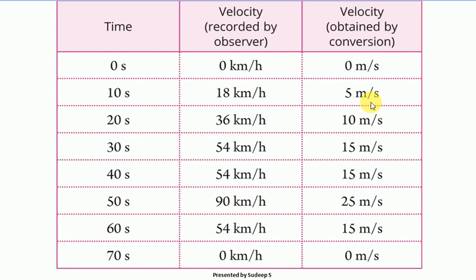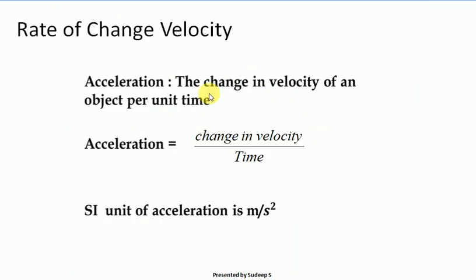So whenever an object changes its speed or increases its speed with respect to time, we say that the object is an accelerated object. So here we can now define acceleration.